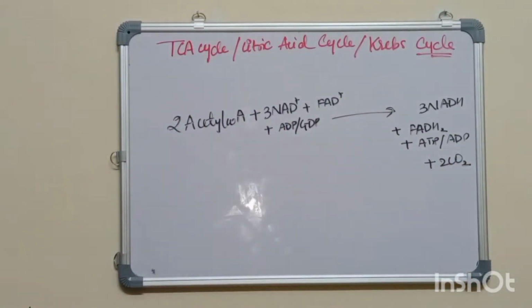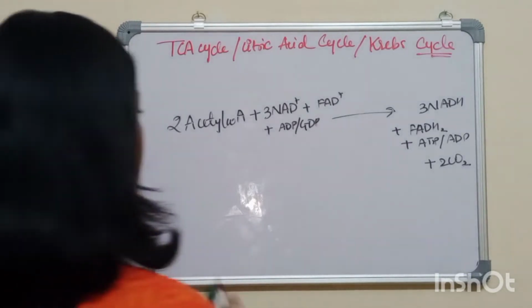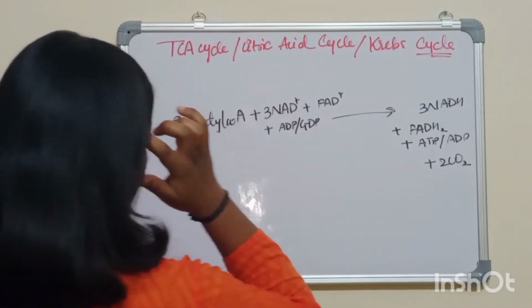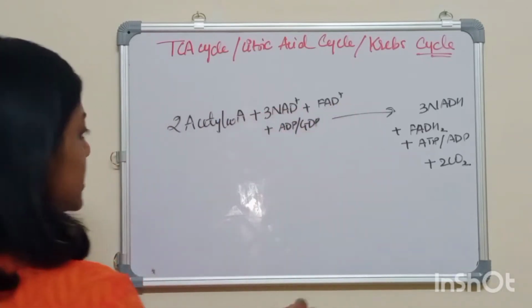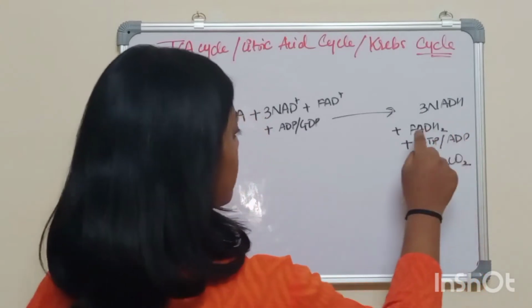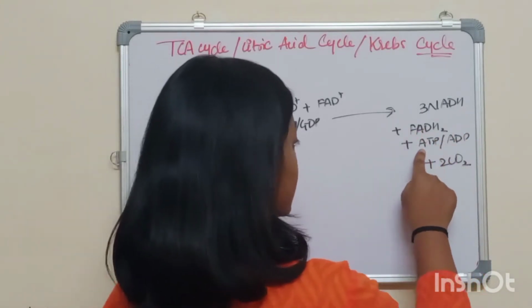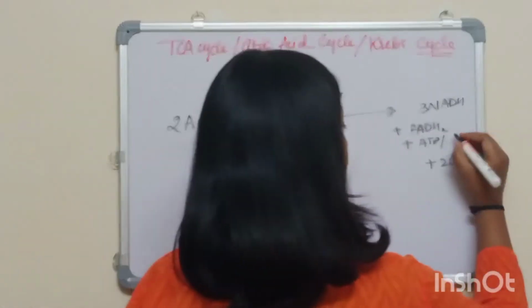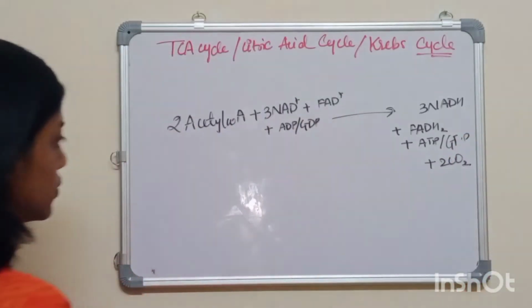Okay, so this is the overall reaction of the TCA cycle or the citric acid cycle. 2 acetyl CoA plus 3 NAD plus FAD plus ADP or GDP gets converted into 3 NADH, 1 FADH2 plus 1 ATP or GTP and 2 CO2.